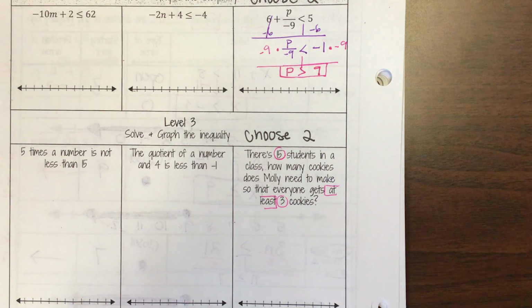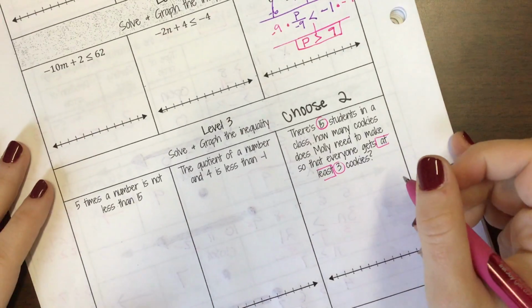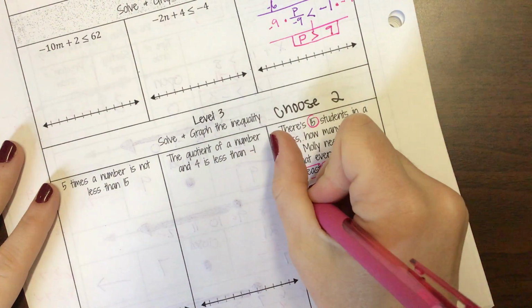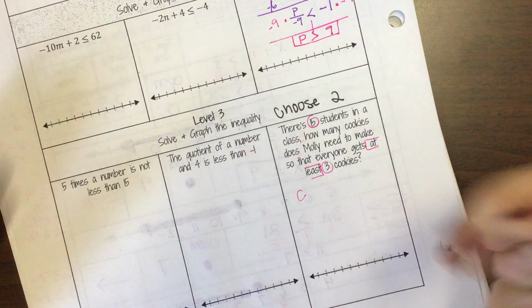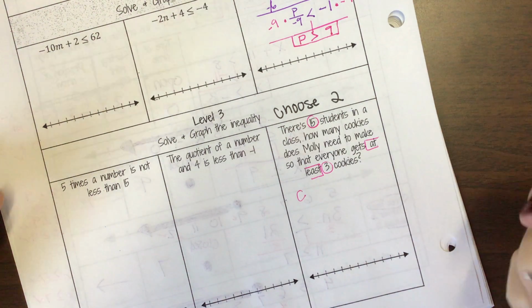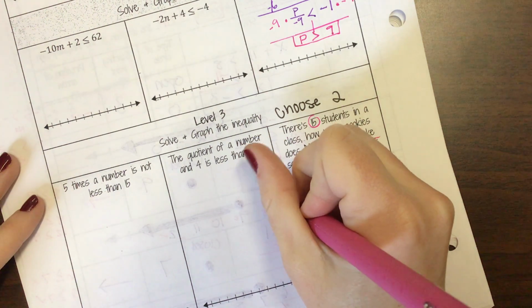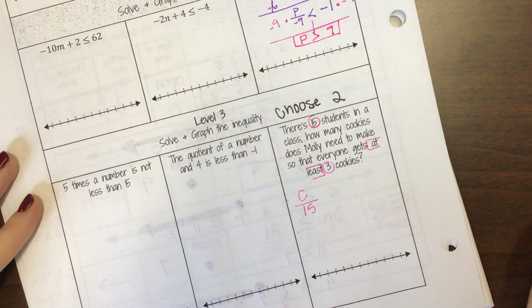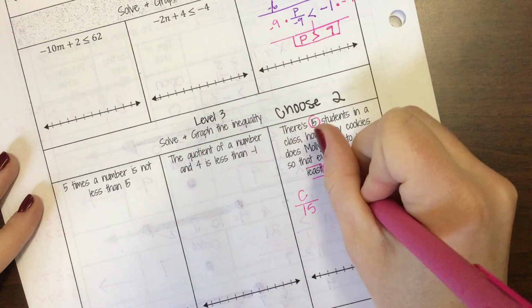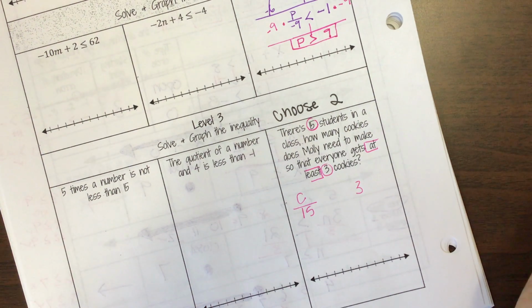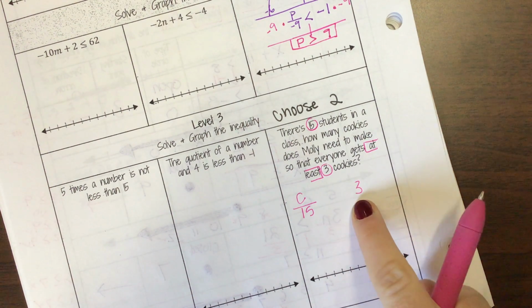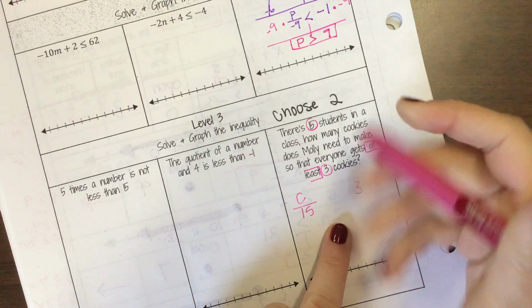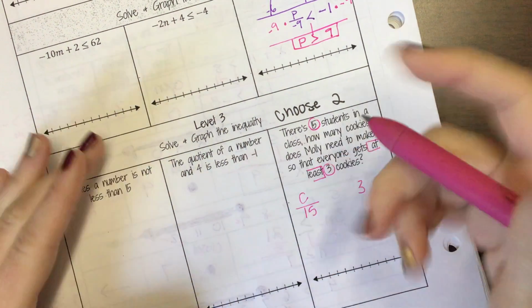So this one seems a little backwards, right? So we're going to take the number of cookies. We don't know how many, so we're just going to use C. And we're distributing it to 15 students. So however many cookies there are divided by the number of students needs to be at least 3. 3 is the smallest number it can be, so everything else has to be greater than that.